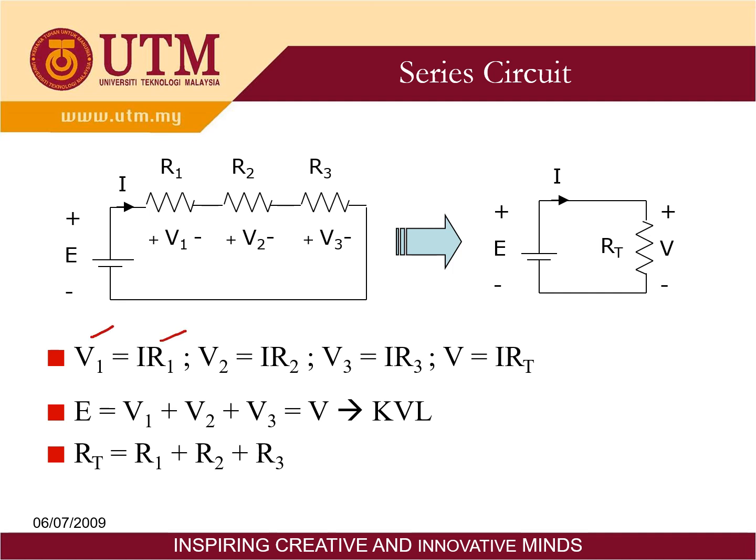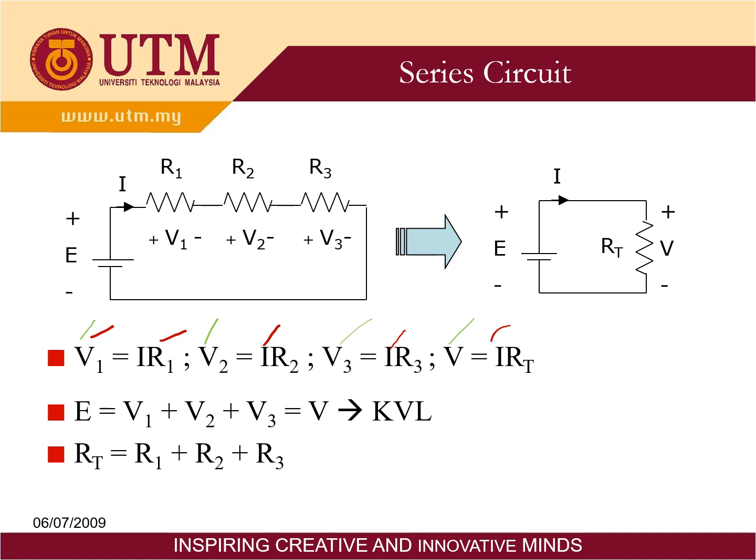I is the same for all because it is in series, but the voltage is different depending on the resistance value. So V1, V2, V3, and V is the total here.